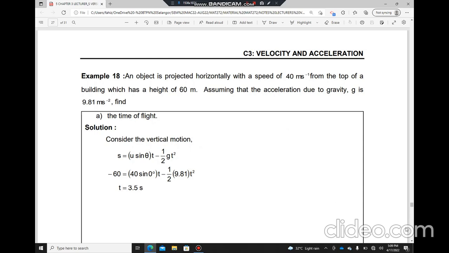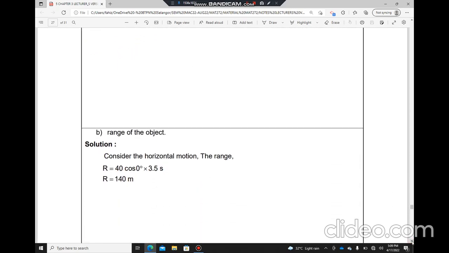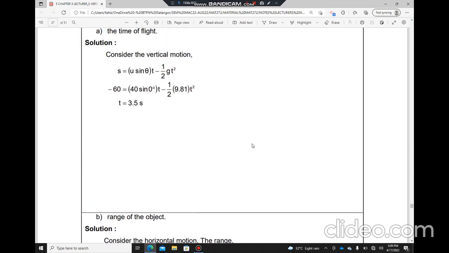Projected dia lontar dari atas kan, from the top of the building. So that's why s equals negative 60. Ingat displacement dia ada arah. Then range of the object R, boleh guna formula u cos theta multiply by t. So you need to find t first. t dapat kat sini.